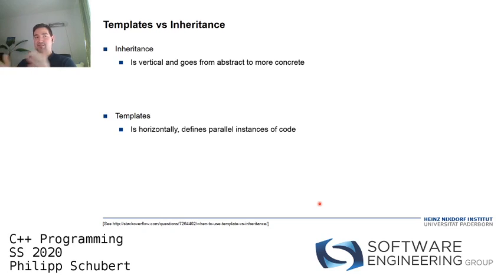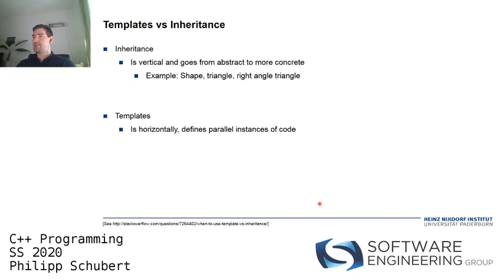So that's basically parallel, because the general functionality in templates still remains the same. It's just basically some type placeholders, and it will generate the respective version for the types that you give that template mechanism. So that's basically horizontal, whereas in inheritance you can really go from abstract to more concrete, and then you can specialize, and also you can change the behaviors. That's my main point, I guess.